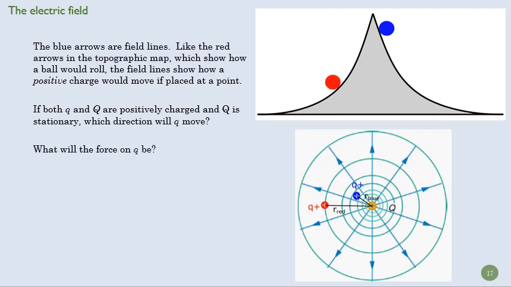If we wanted to calculate the force on q at these various points, we could go back to Coulomb's law, right? And so Coulomb's law tells us the force has to do with the size of the two charges divided by the radius squared. So that's why the force here is so much larger, because our radius is small.